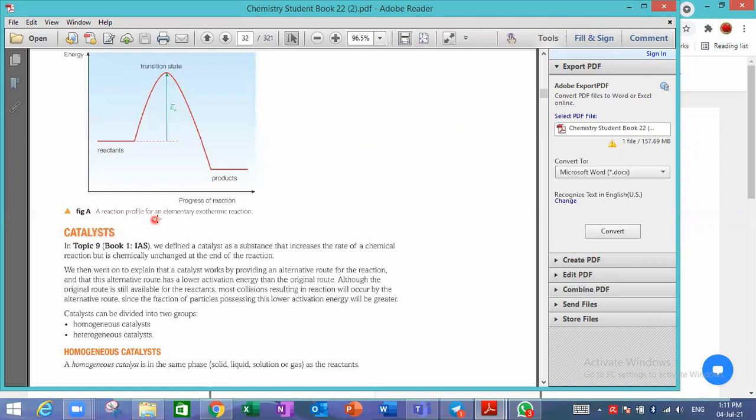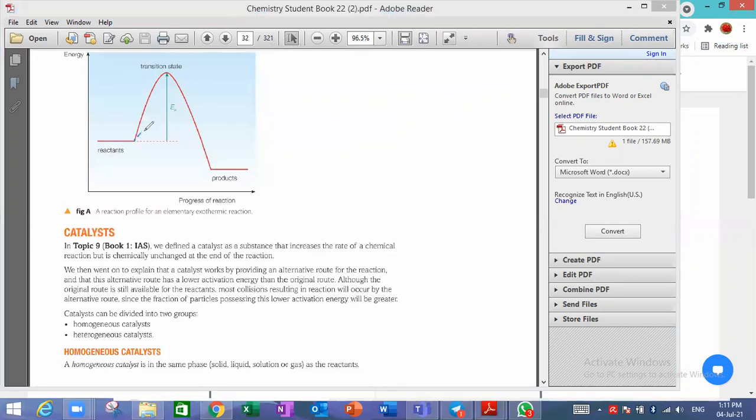And we also took in the AS course that the catalyst decreases the activation energy needed for this reaction to take place. If the original activation energy was here, this amount of activation energy must be used by the reactants in order to form the products, then the catalyst would lower this activation energy.